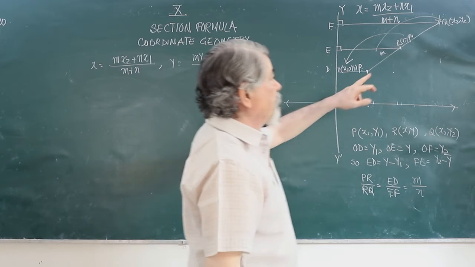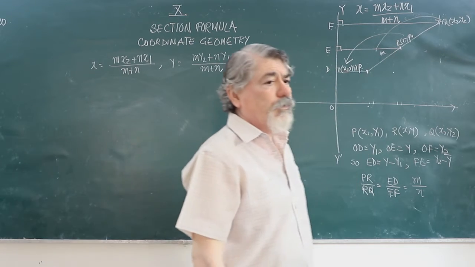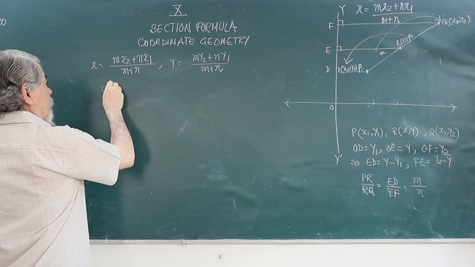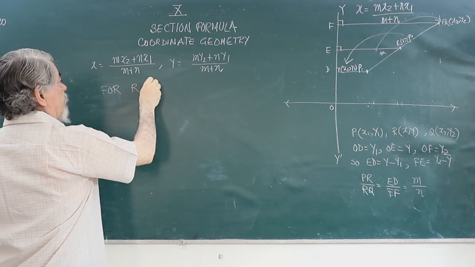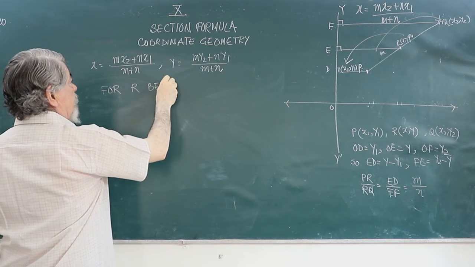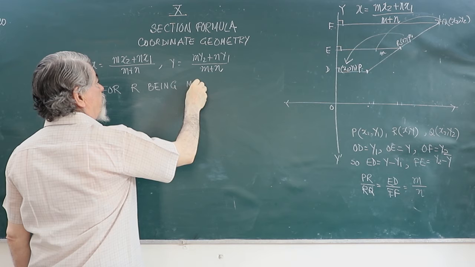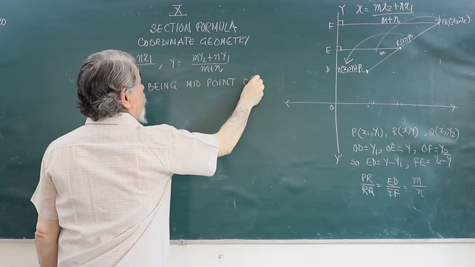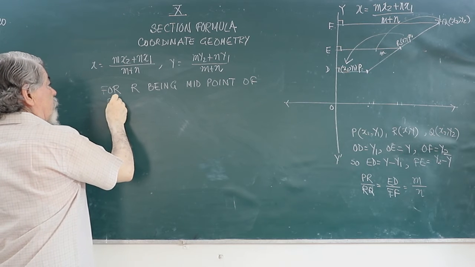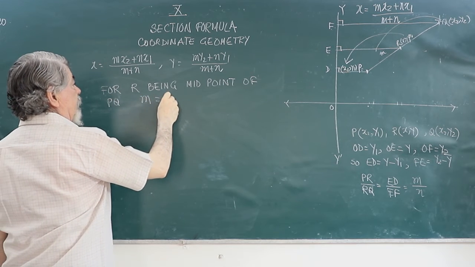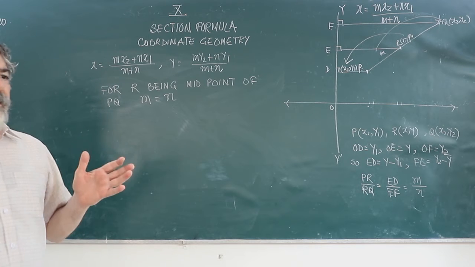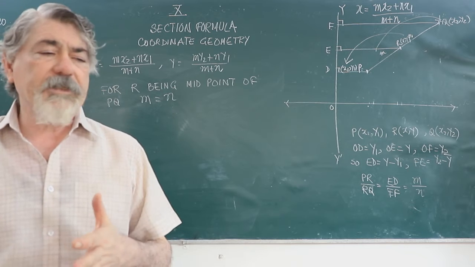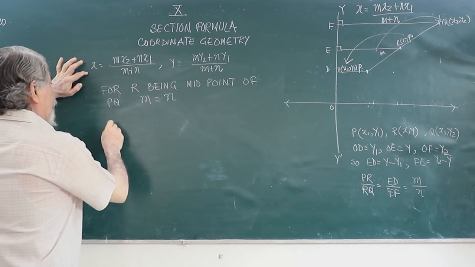If R becomes the midpoint of P and Q, that means m is equal to n. For R being the midpoint of PQ, m will be equal to n. That means either in place of m you put n, or in place of n you put m, one and the same thing. So let us see the midpoint, what it will become.